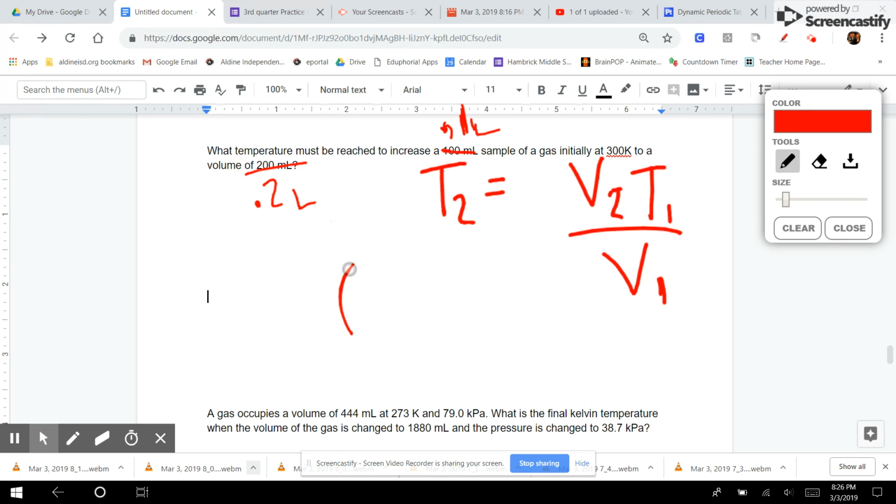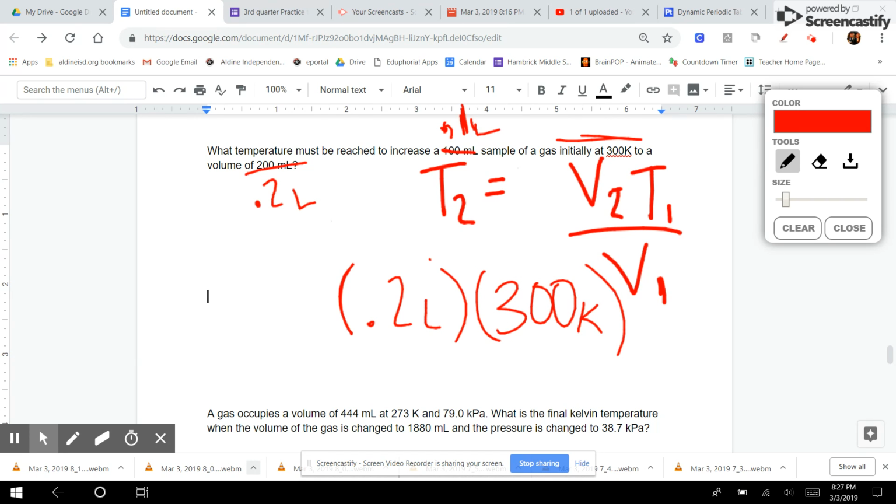So V2, my second volume, was 0.2 liters. T1, or my first temperature, initially was 300 Kelvin. And then volume 1 is 0.1 liters.